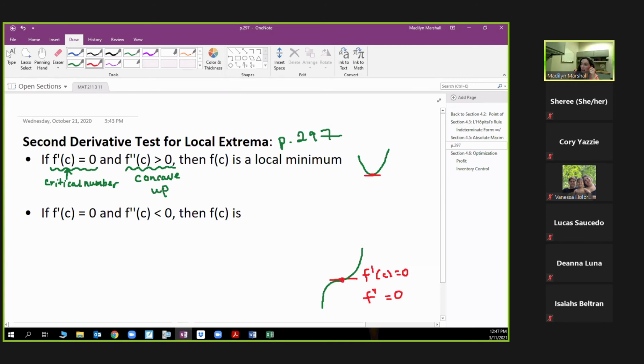So we can't say, at this specific point c, the function is concave up. At this point, the function is not concave up or down. So this one does not fit the conditions of that first bullet.